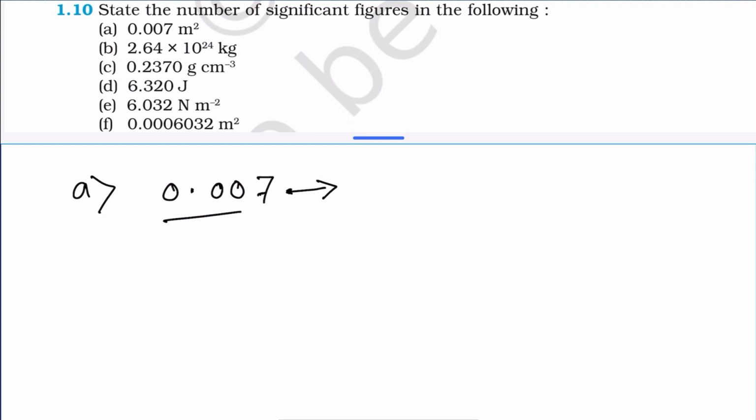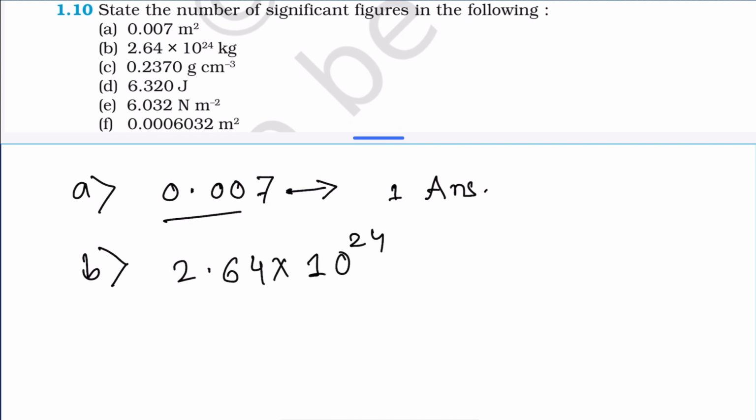So how many digits? Only 7 is there, so the answer is one, isn't it? Now in B, 2.64 into 10 to the power 24. If a number is written as a into 10 to the power b, then the 10 to the power b is ignored.